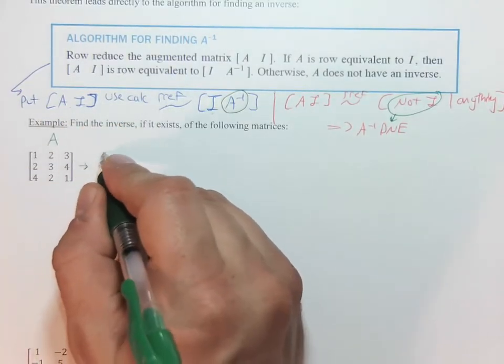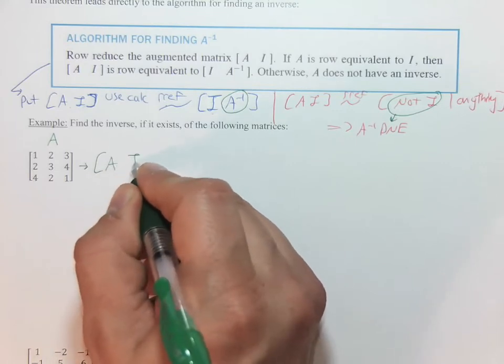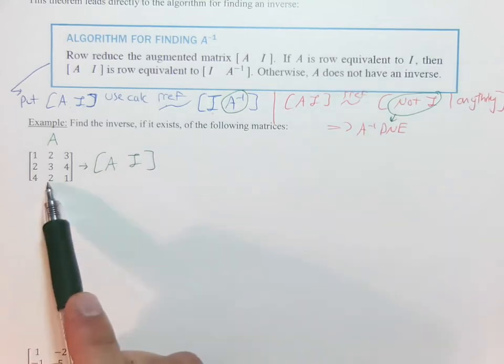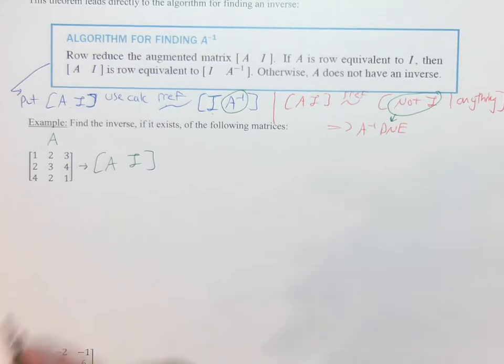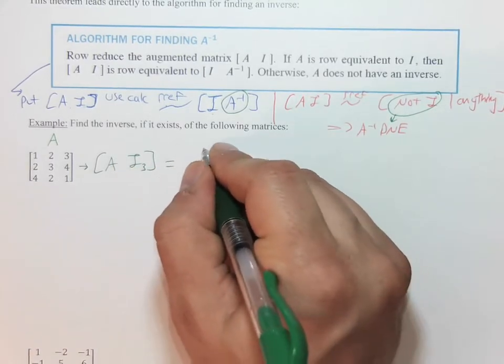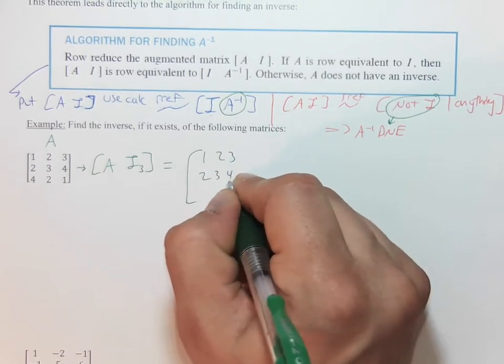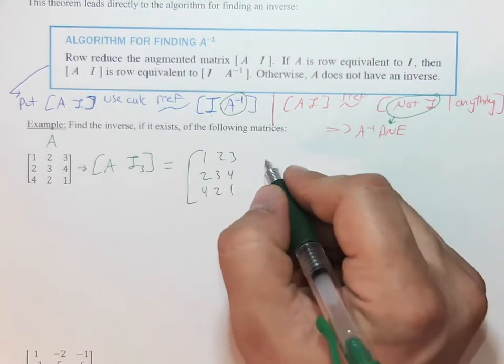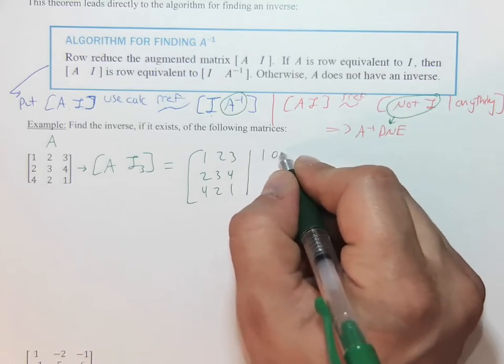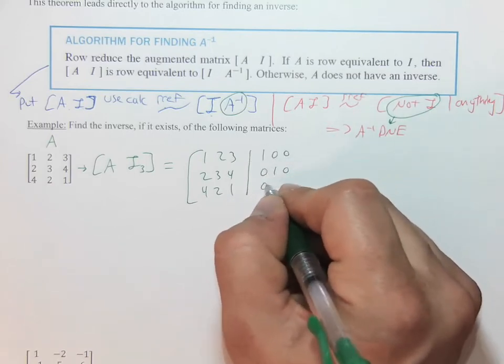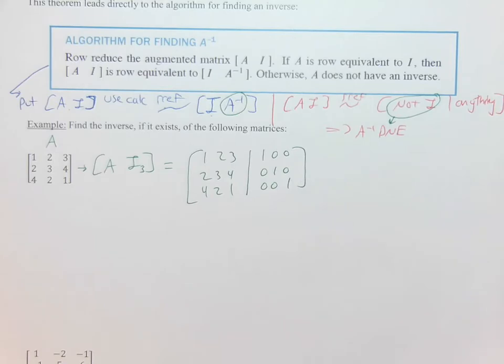We're going to put A into a matrix with the identity matrix. Since it's a 3x3, we're going to use the 3x3 identity matrix. And so that looks like this. There's A, and we're going to put it right into there with the identity matrix.